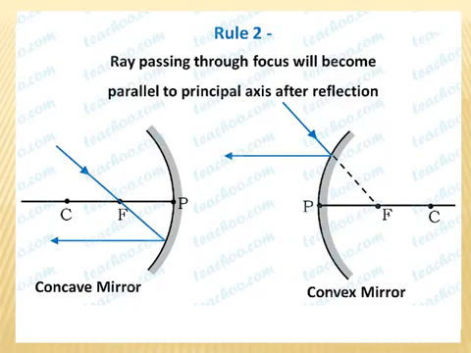So rule number 2 says, any ray which passes through the principal focus is reflected parallel to the principal axis. The same thing happens in the convex mirror also: the ray passes through the principal focus, and after reflection it is parallel to the principal axis.